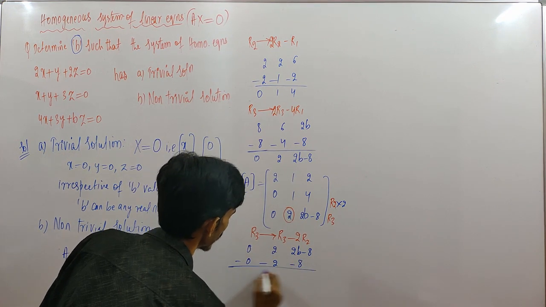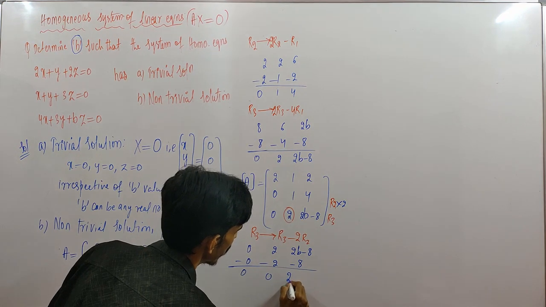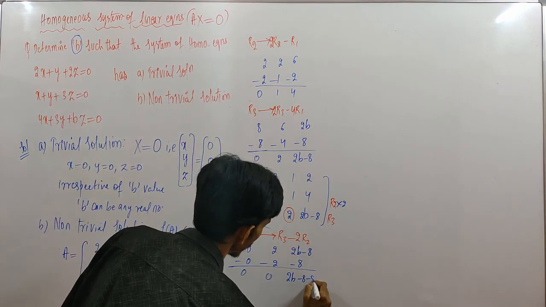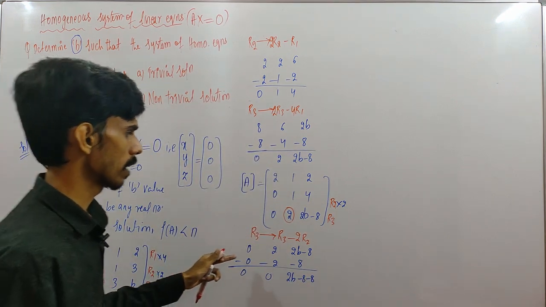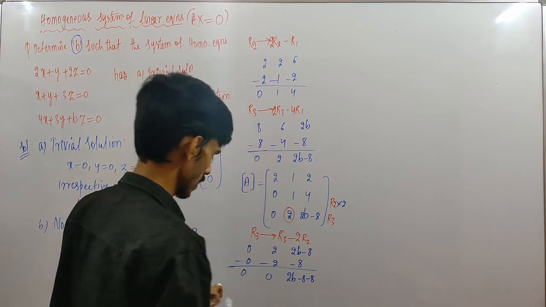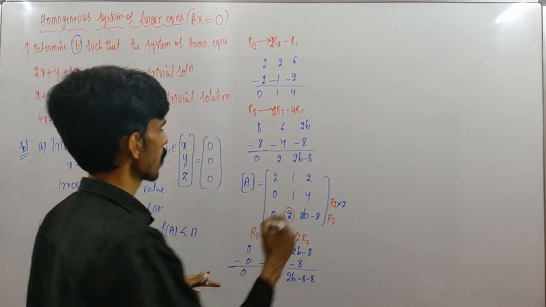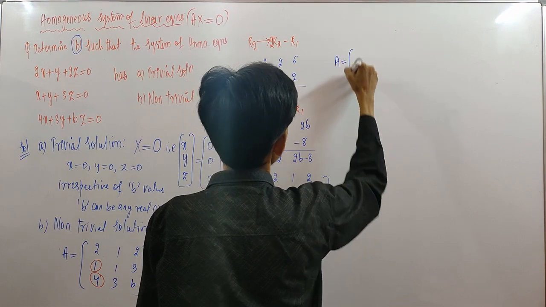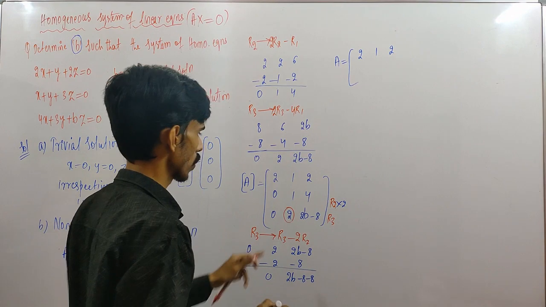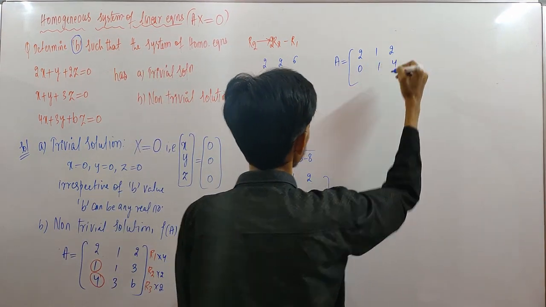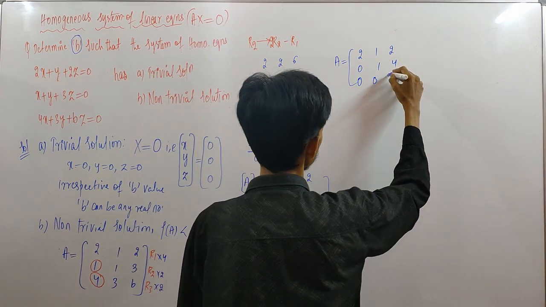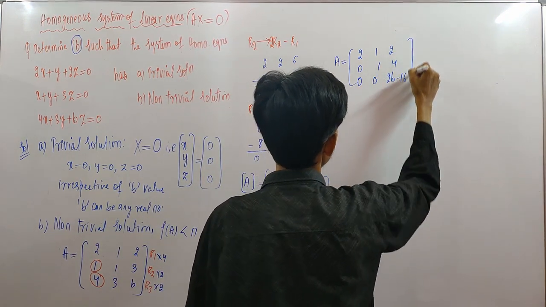We get 0, 0, 2b minus 16. Now write down A equals 2, 1, 2, next row 0, 1, 4, third row 0, 0, 2b minus 16.